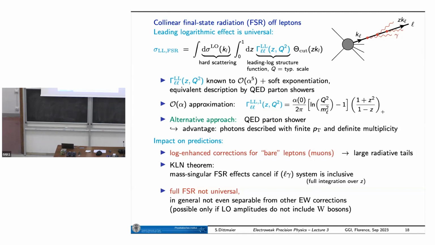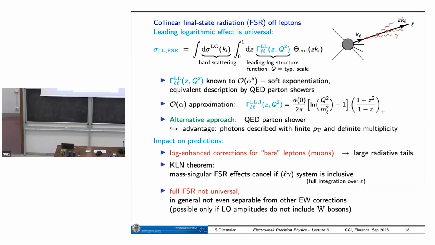So this is the situation when you are just, for example, calculating the photon radiation for a lepton that you assume can be isolated from basically everything, like a muon. A muon is almost such a particle because it is detected in the outer layer of a detector in these muon chambers, and most of the photons are just dumped in the electromagnetic calorimeter in the inner part of the detector.